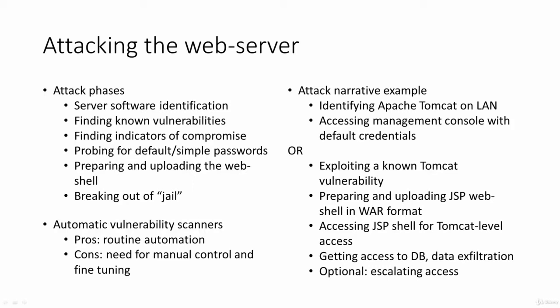Optionally, if the credentials are not default, but the Tomcat installation was not updated recently, you can find a vulnerability that can allow you to get remote code execution, or there are ways to upload JSP to the Tomcat server without actually logging in. There is a way to circumvent that authentication control. There are exploits for that, even in Metasploit, I guess.